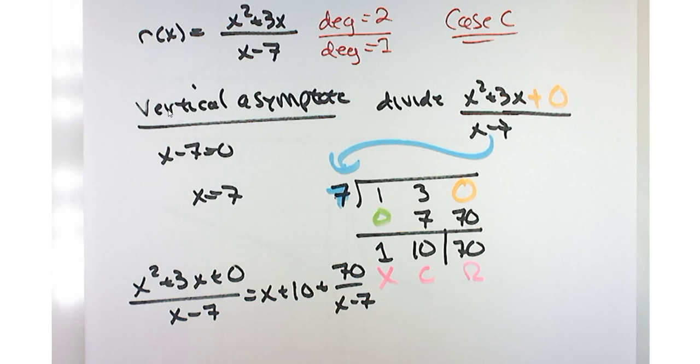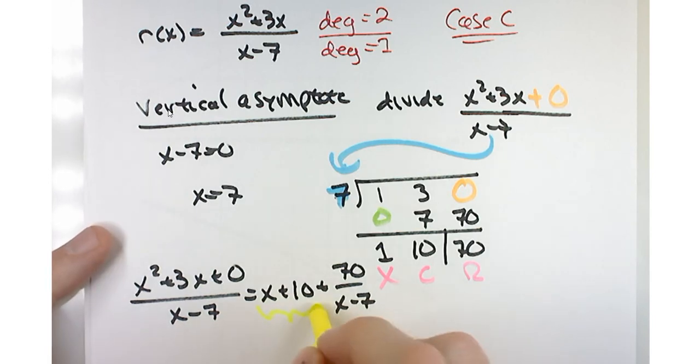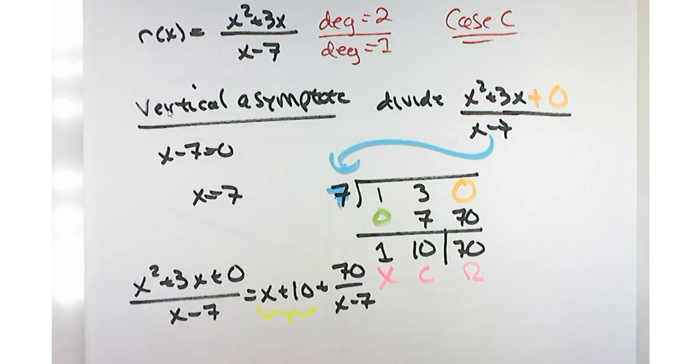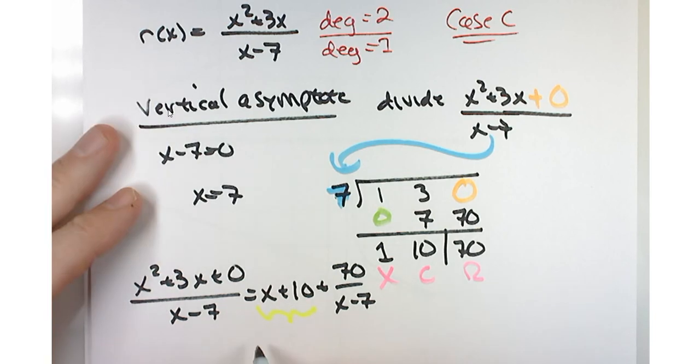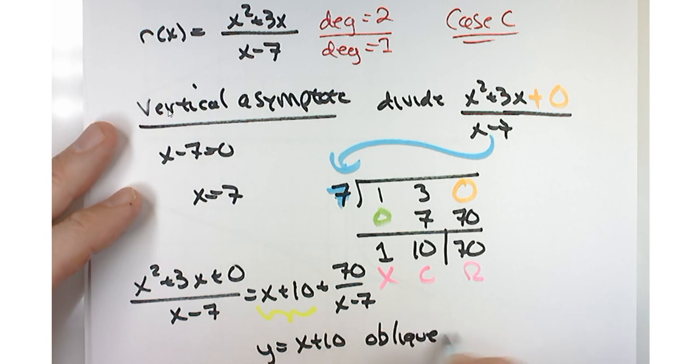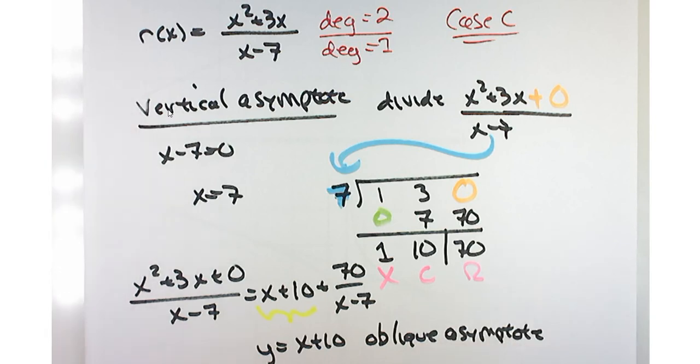And this is the part that I need right there. So that's going to be y equals x plus 10, which is the oblique asymptote. That happens when the degree of the numerator is 1 bigger than the degree of the denominator.